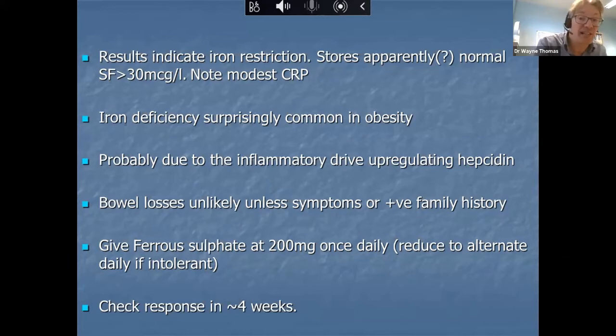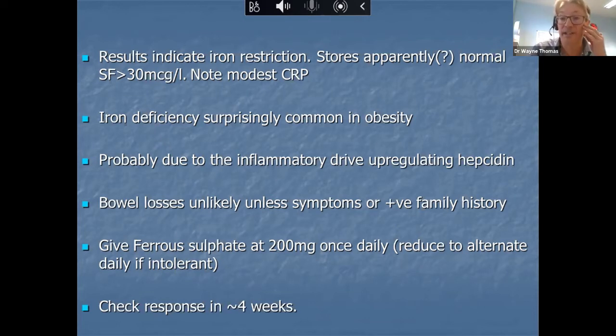Now, in a woman of this age, you're probably not worried about bowel cancer, but if she's got bowel symptoms, or if there's a positive family history of young malignancy, then you do need to think about it, especially if you go on to do the next thing, which is give her oral iron and see if she responds. So give her oral iron and see what happens.